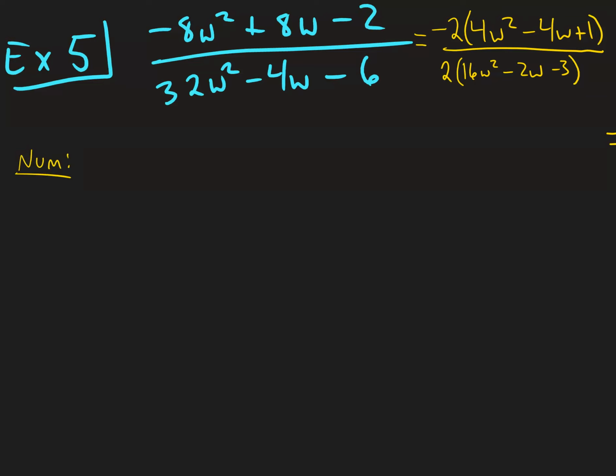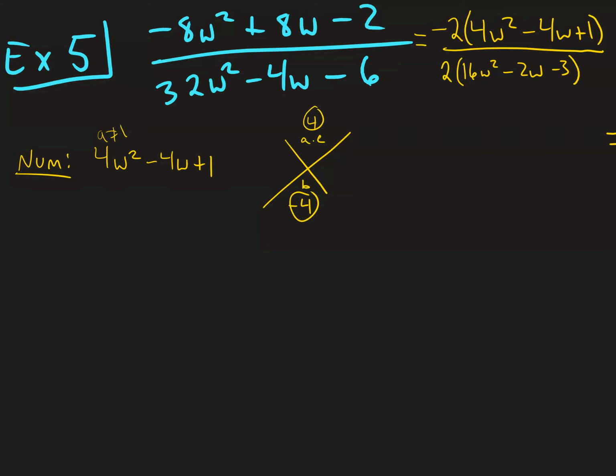So I know I don't need the constant, so I'm just going to focus on 4w squared minus 4w plus 1. Because my a in this quadratic is not equal to 1, I need to rely on factoring by grouping. So I know that I have my a times c up here on top, which is going to be 4 times 1, which is 4. And my b value is -4.